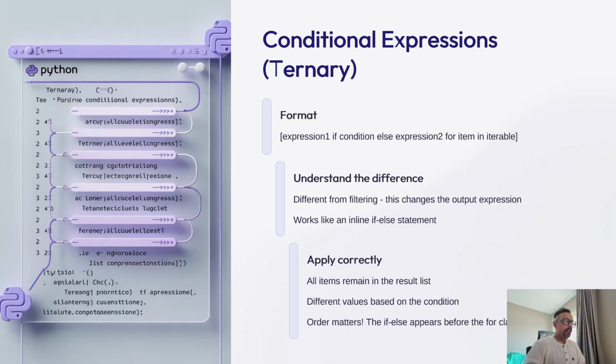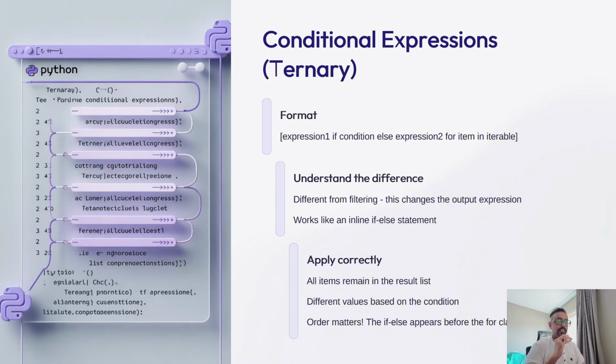Now Python list comprehensions also support conditional expressions using the ternary if-else syntax. Unlike filtering with an if clause, conditional expressions allow you to apply different transformations to the items based on a condition. So all items still remain in the result, but their values may be different.